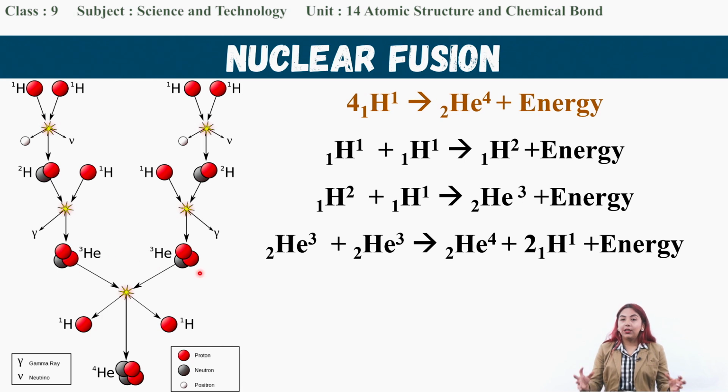Then two of these fuse together to form a heavy helium atom, helium-4, which has the atomic mass of 4, with the release of 2 protium, that is 2 light hydrogen. Now this protium again goes and continues this reaction. So the chain of reaction occurs. This is the step process of the nuclear fusion that occurs on the core of the sun.